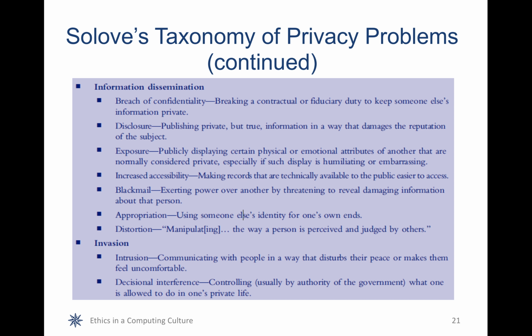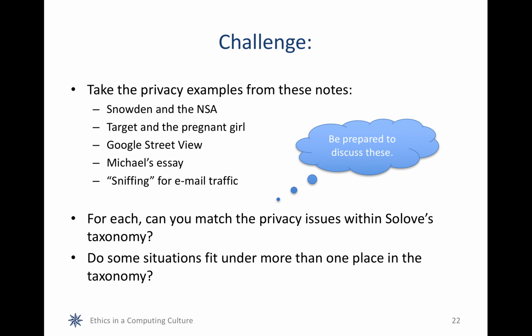So a challenge for you that you should be prepared to discuss is to take the various privacy examples from these notes and this presentation, and for each of them, try to match issues within the taxonomy to the actual stories that we've read about.